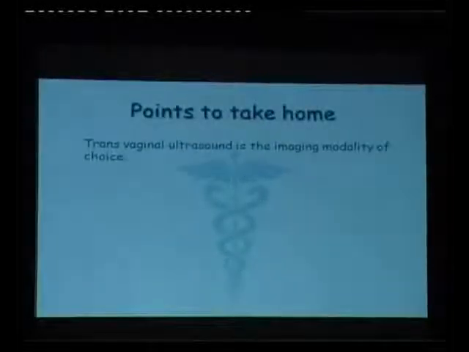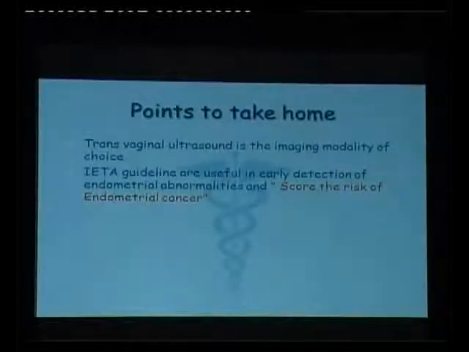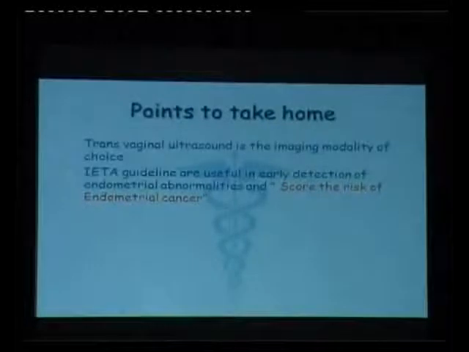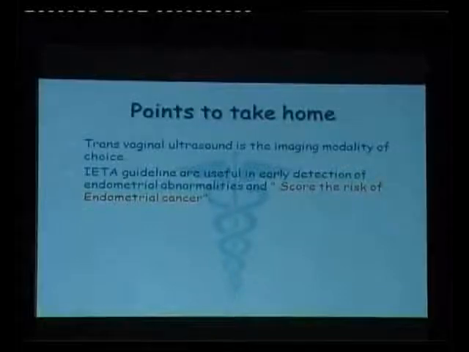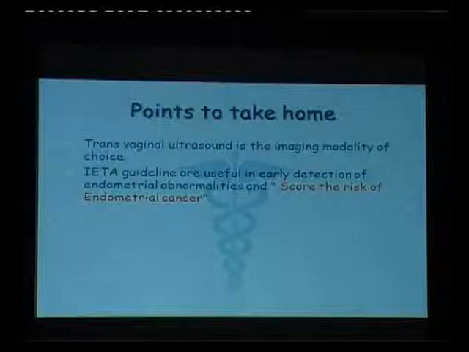Now, the points to take home are that transvaginal ultrasound is the imaging modality of choice, and IETA guidelines have to be followed in order to appropriately diagnose these endometrial carcinomas. Not only that, you can also pick them up very early, and early diagnosis, as I said, gives a better prognosis.